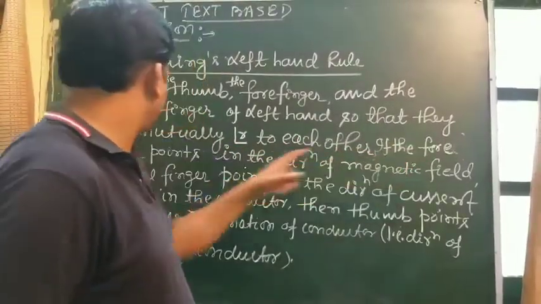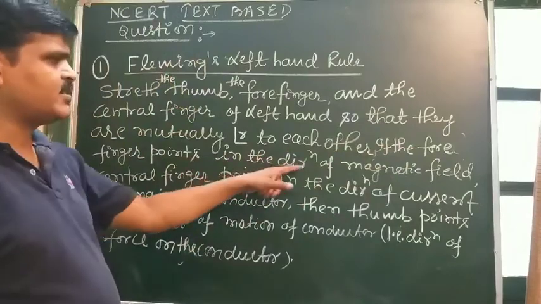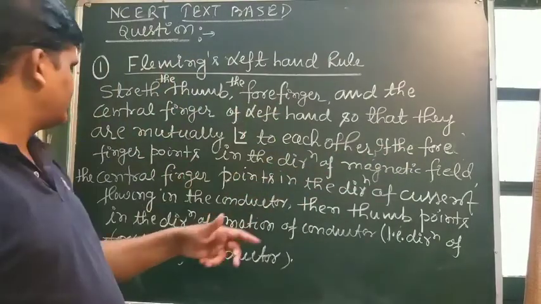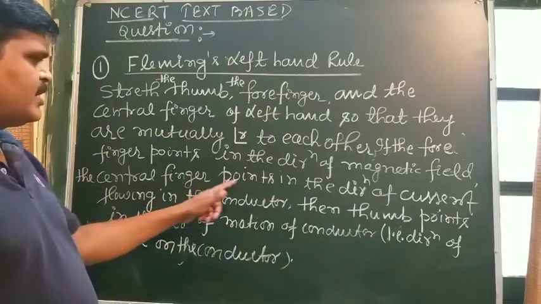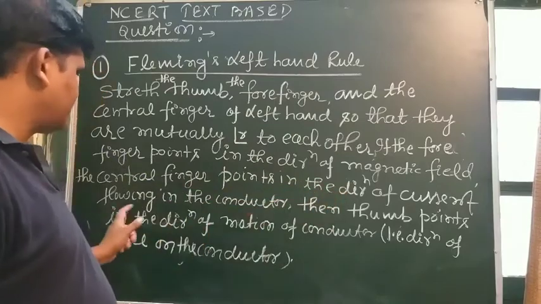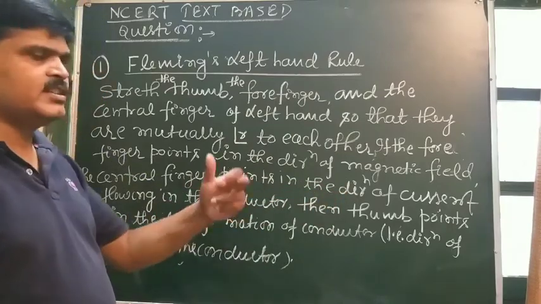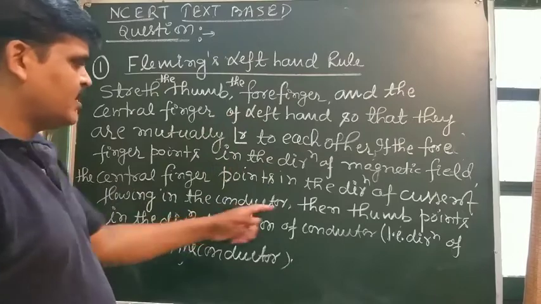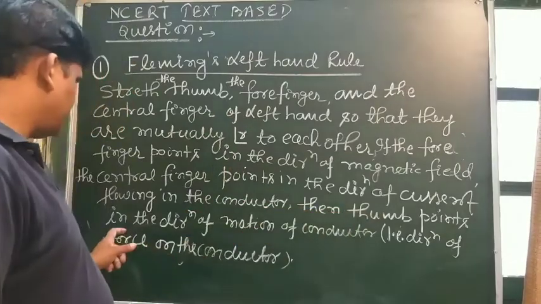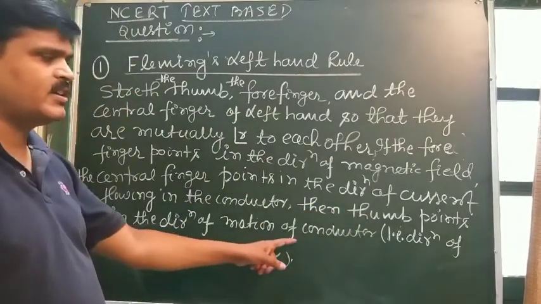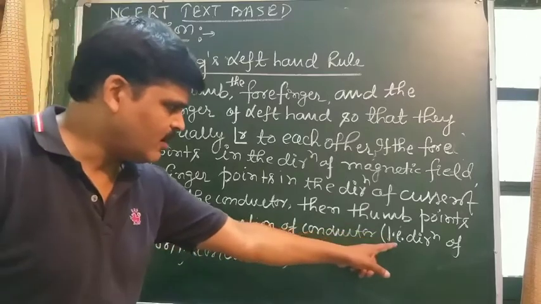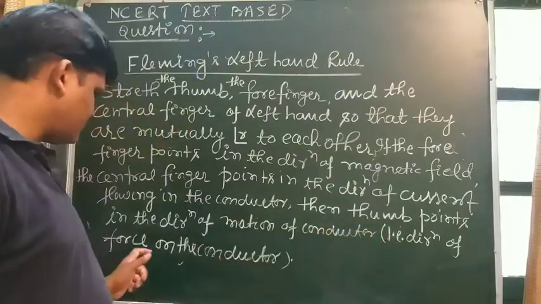If the forefinger points in the direction of the magnetic field, the central finger points in the direction of current flowing in the conductor, then the thumb points in the direction of motion of the conductor or direction of force on the conductor.